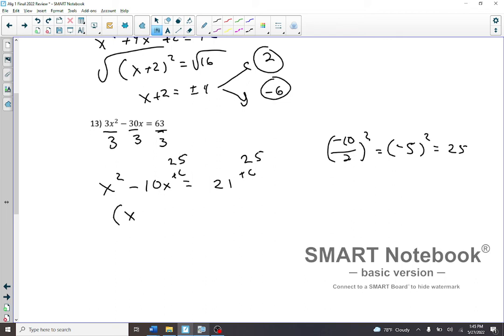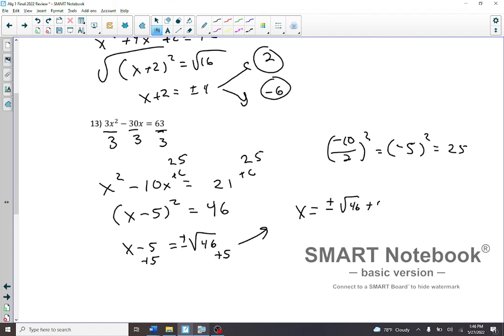Factor the left side, so it's x minus 5 squared equals 21 plus 25 is 46, my fault. Now I'm going to square root both sides, but 46 does not have a clean square root. So this is going to stay as plus or minus the square root of 46. Then I'm going to do plus 5 on both sides. Because I don't actually have a number, I will not split this. So x equals plus or minus the square root of 46, plus 5.